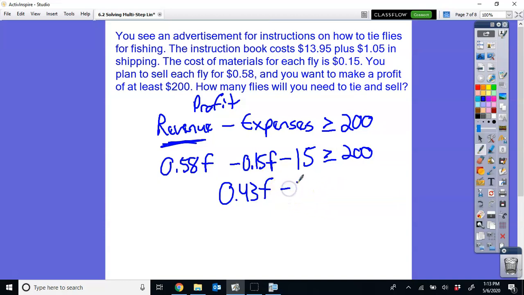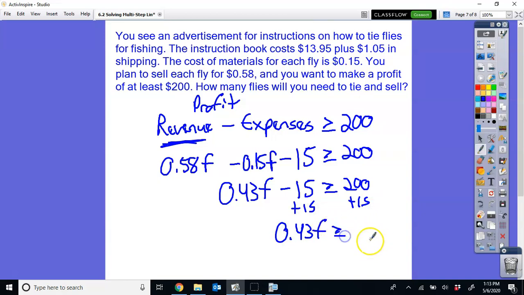But I also have the minus 15 right here, the $15 for the instruction book and shipping. So if I add that to the other side, if I'm making 43 cents for each fly, I need that to be greater than or equal to $215. 200 is what I want to make, but 15 I already spent on the instruction book and the shipping.